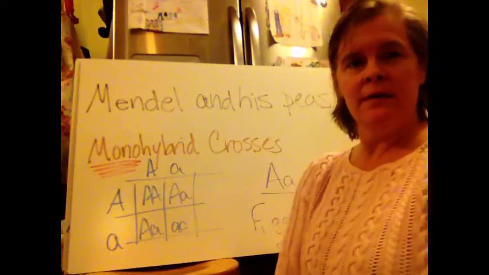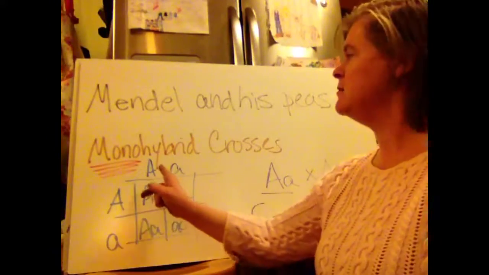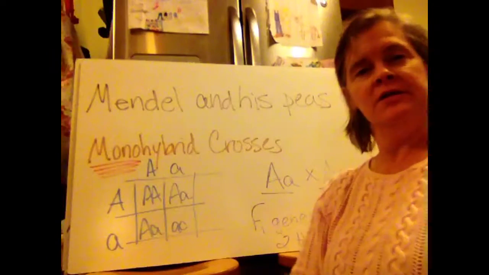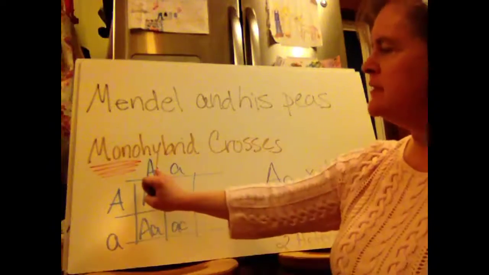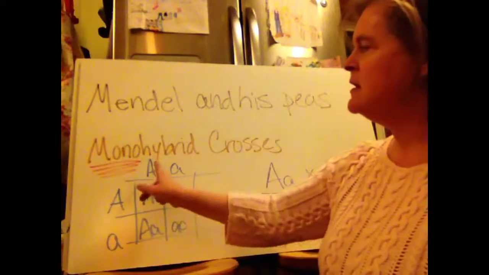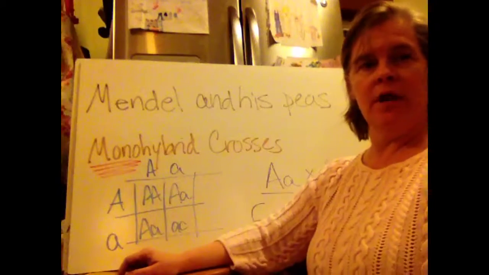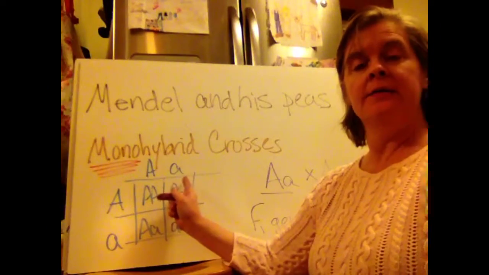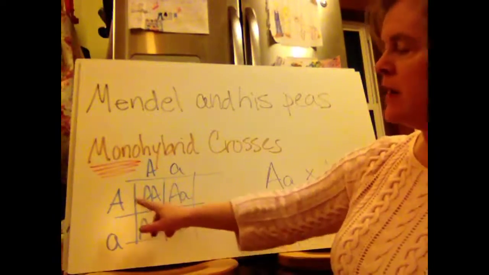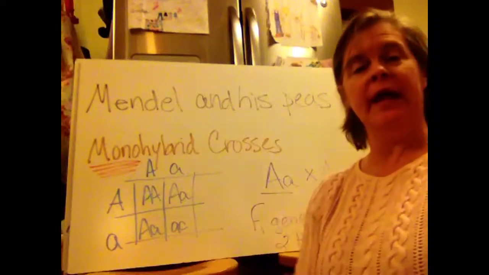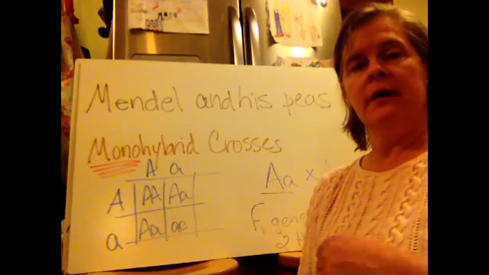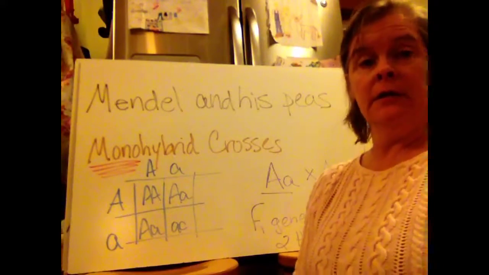Mendel and his P's. We've been talking about monohybrid crosses, mono meaning one gene, and we had different alleles of that one gene, which we labeled as capital A for dominant and lowercase a for recessive. And we made the Punnett square with the 4 possible gametes with those different alleles.